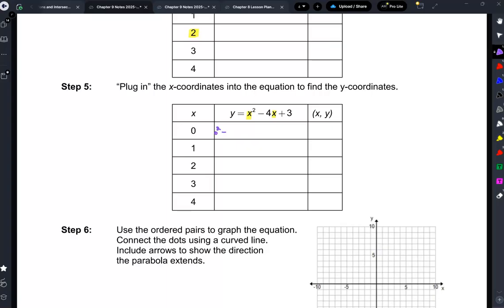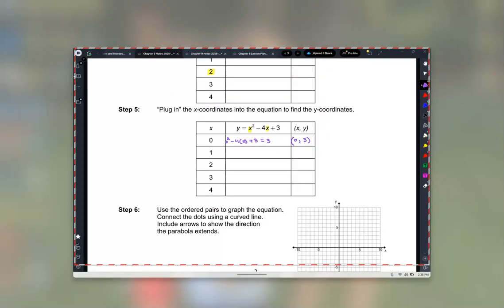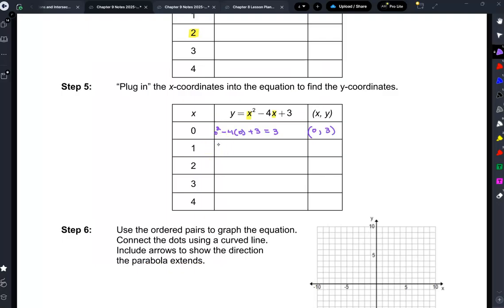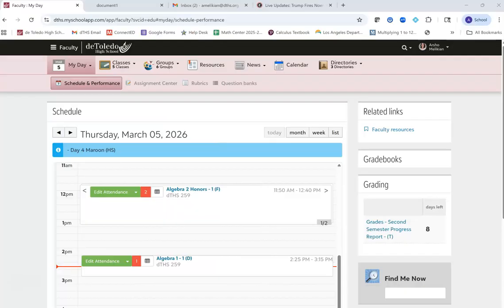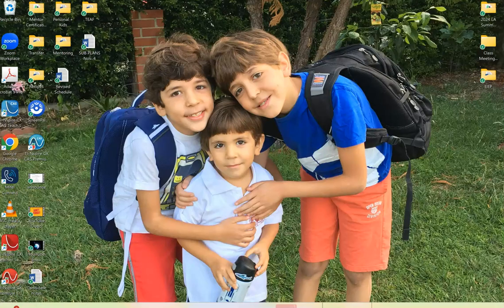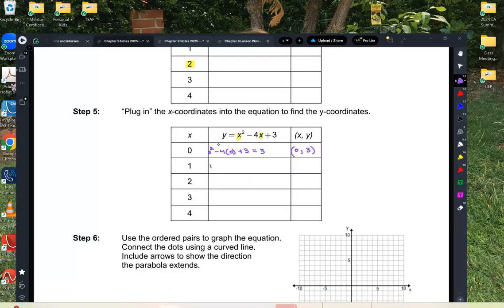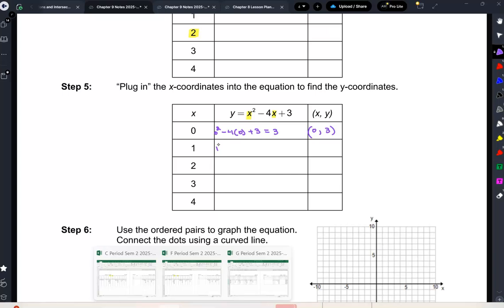0 squared minus 4 times 0 plus 3, that's 3. So this is 0, comma 3. Now let's plug in the 1. 1 squared. Oh, what happened? Wouldn't it be 3 comma 0 though, because the second one's below?